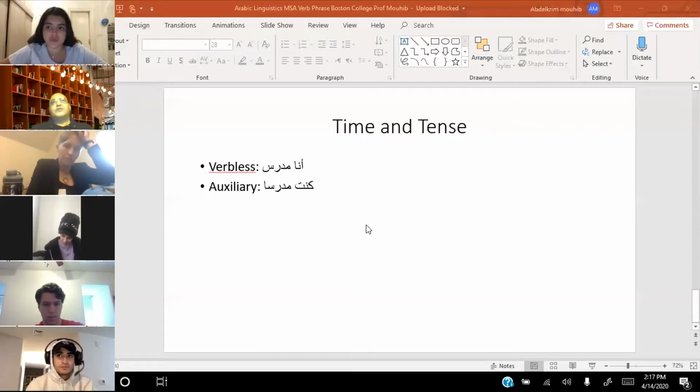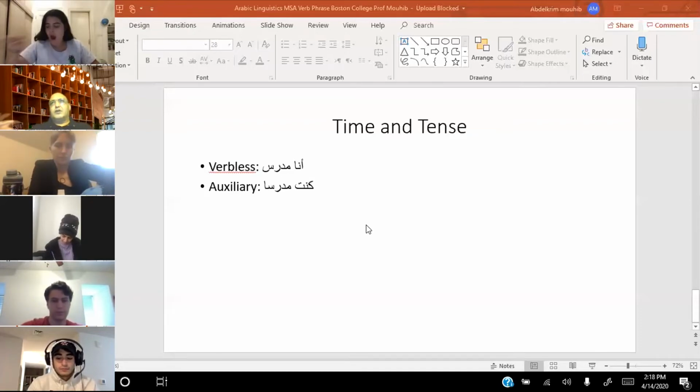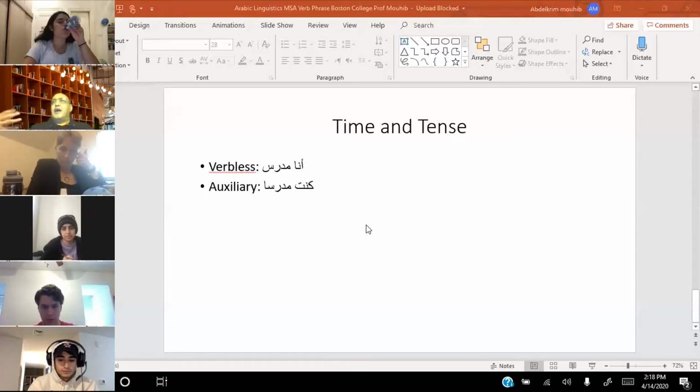Think about examples in the language you are comparing this with. Please think of whether you could find the same use of the active participle in that language, if you ever use the active participle in the exact same way or not.